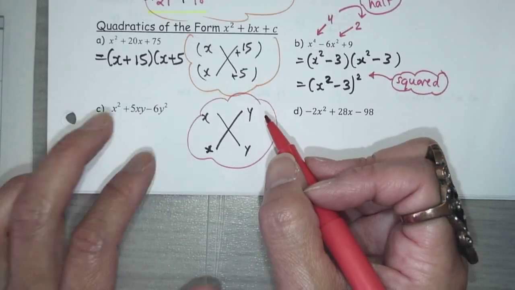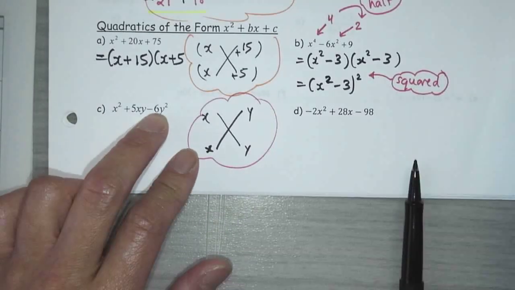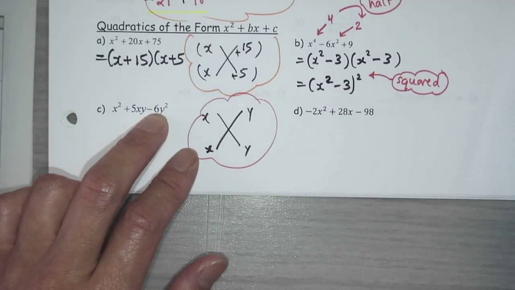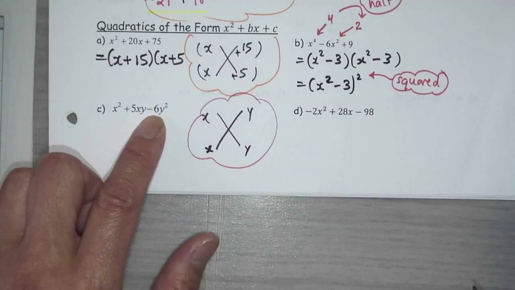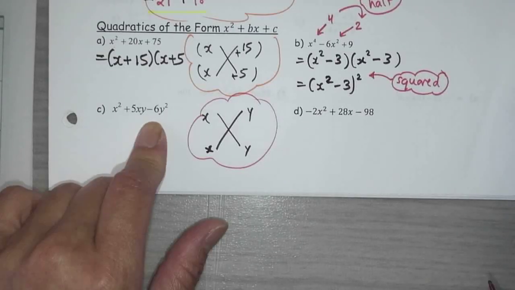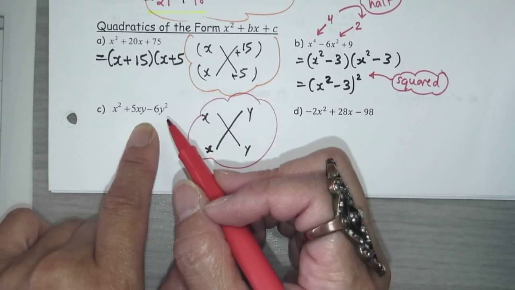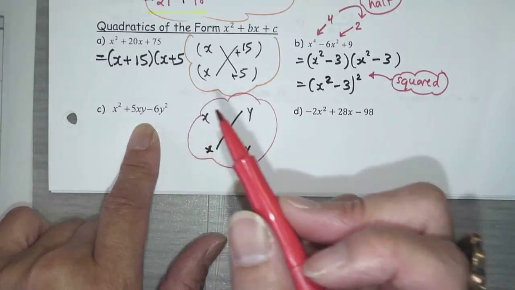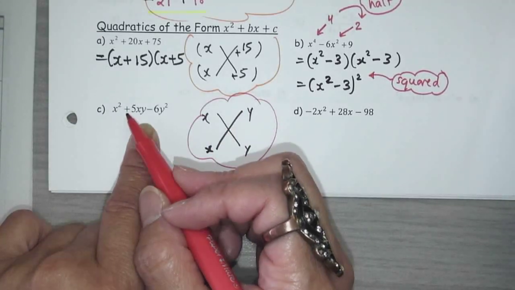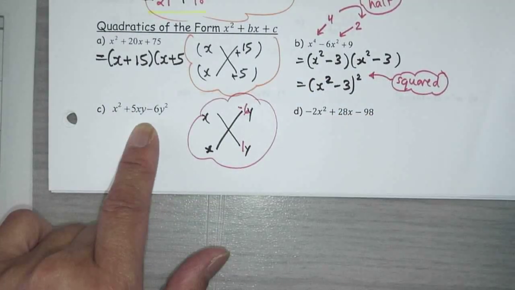So that's going to be 6 and 1 or 3 and 2. Both of them add to 5, though. So which one is it? 6 and 1, because 3 and 2 would need to be the same sign to get to positive 5. It'd have to be positive. So negative 6 and a positive 1.